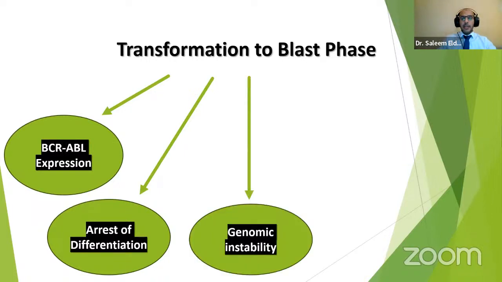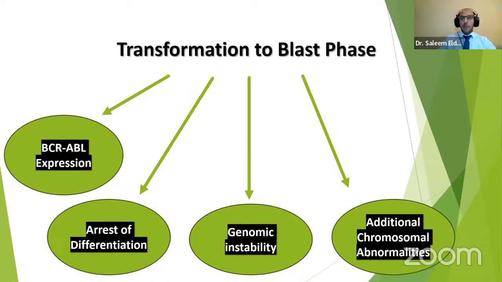Genomic instability is a well-known phenomenon in blast phase transformation, and the BCR-ABL signaling has been shown to produce reactive oxygen species, which is actually damaging to the DNA and causes double-strand breaks.